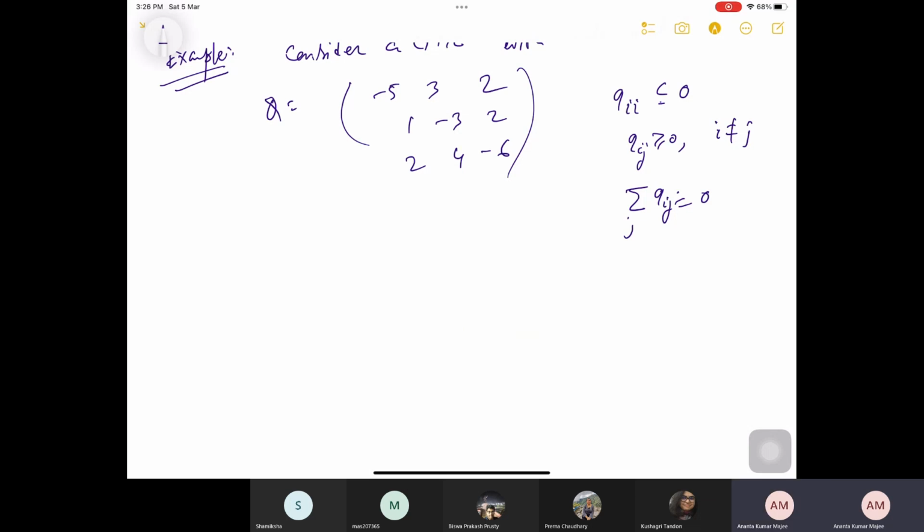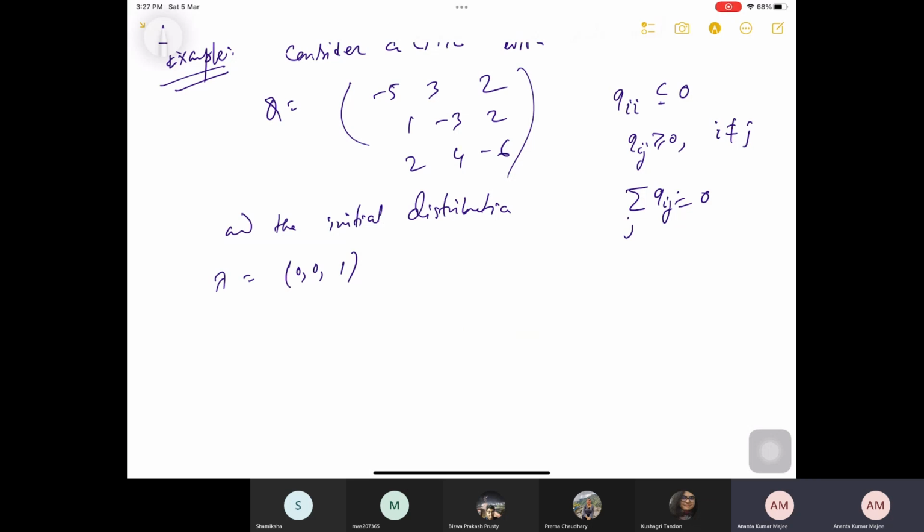And the initial distribution lambda is 0, 0, 1. Okay, so now we have 3 states, that means it starts with state 3.